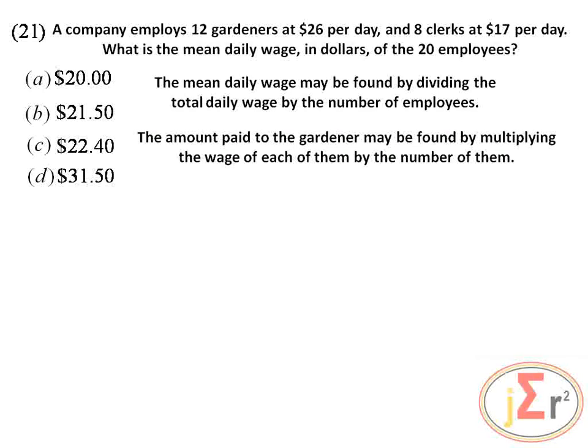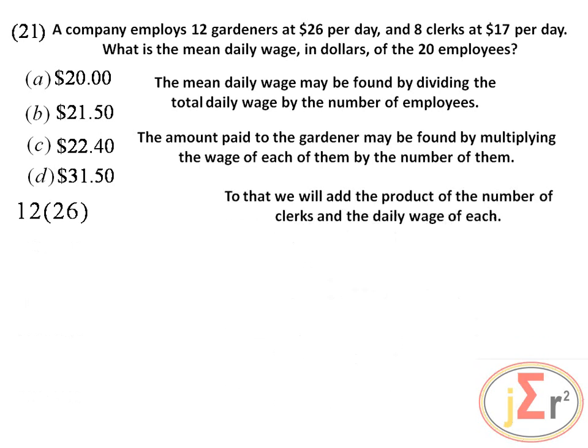The amount paid to the gardener may be found by multiplying the wage of each of them by the number of them. So how much do we pay all of those 12 gardeners? We multiply the amount paid to each one by the number of them. To that we will add the product of the number of clerks and the daily wage of each.